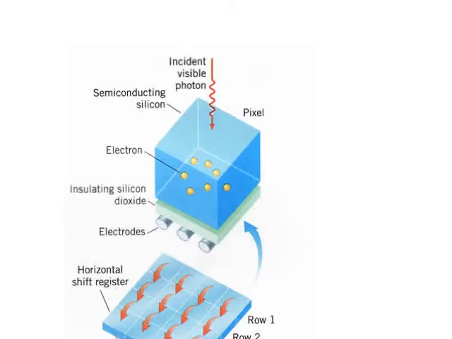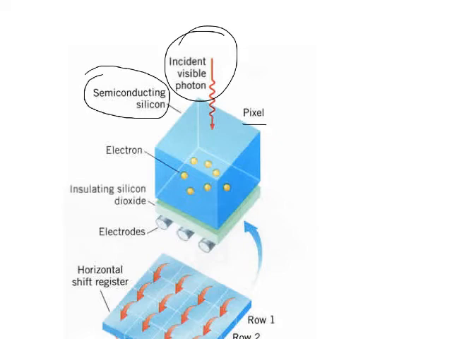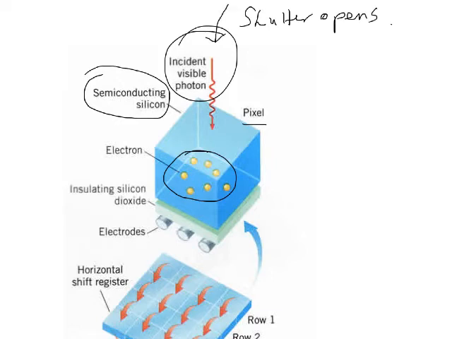As you can see from this picture, this is the incident visible photon hitting the pixel, which is made of semiconducting silicon, and therefore there's a release of electrons. Now, if you can imagine, this is all initiated by you pressing the button to take a photo, so the shutter on your camera opens and incident visible light comes in.